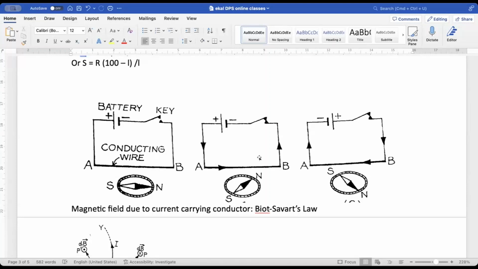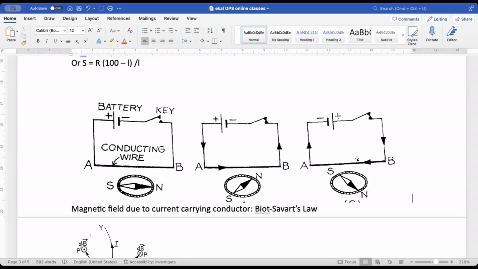In the second figure, the current started flowing from the positive to the negative terminal. I mean, here it is flowing in the anti-clockwise direction, we can say. If we reverse the direction, like we have changed the battery, now the current flows positive to negative in the clockwise direction.